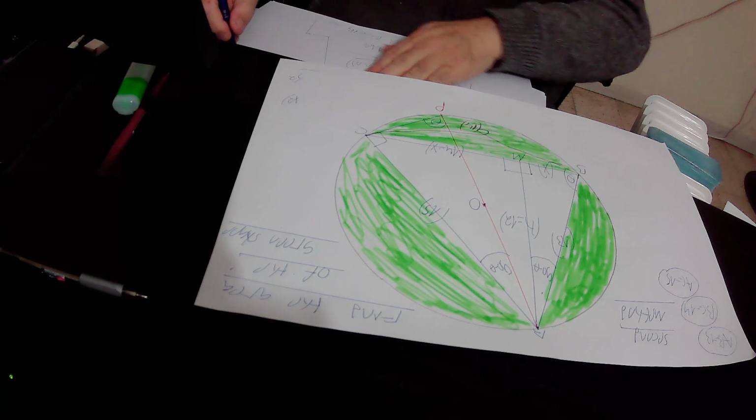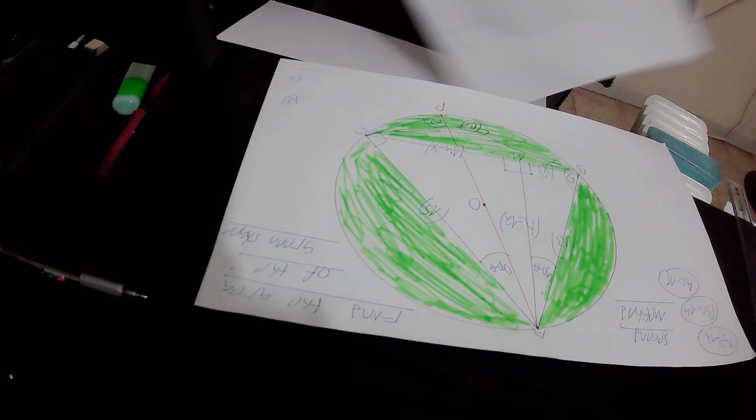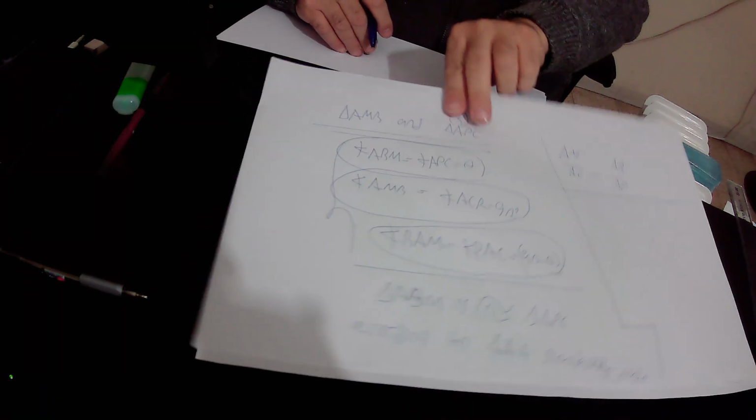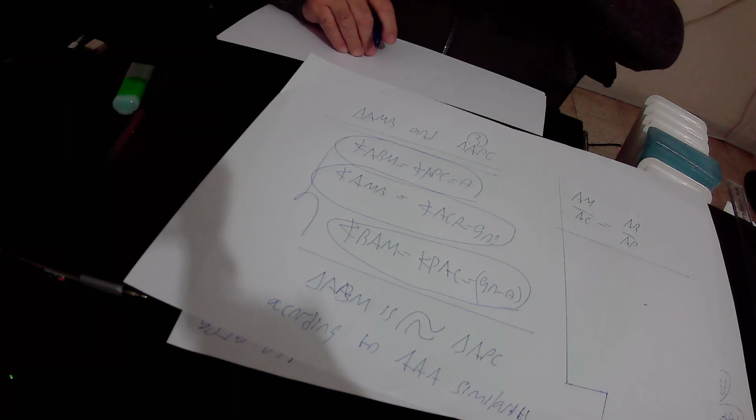Repeat again, we'll derive that AM over AC equals AB over AP.